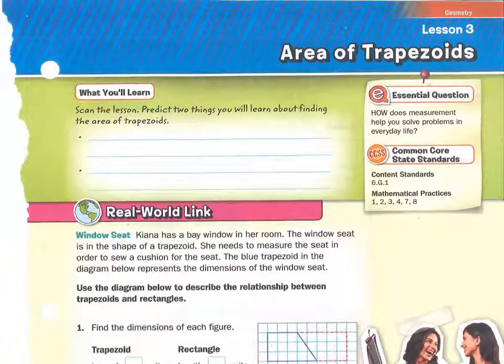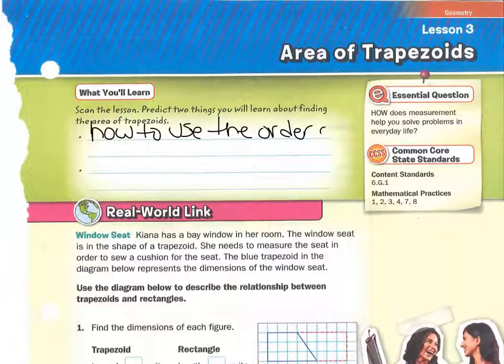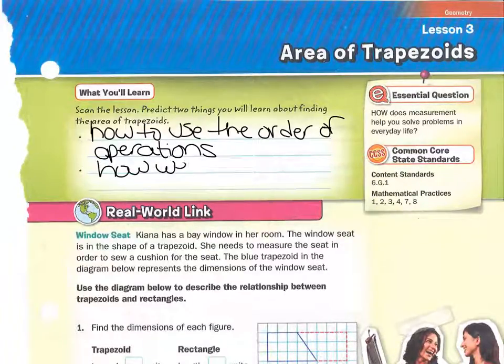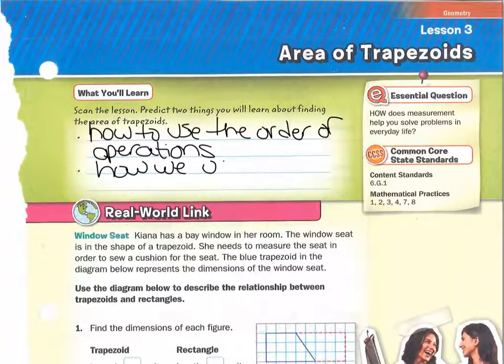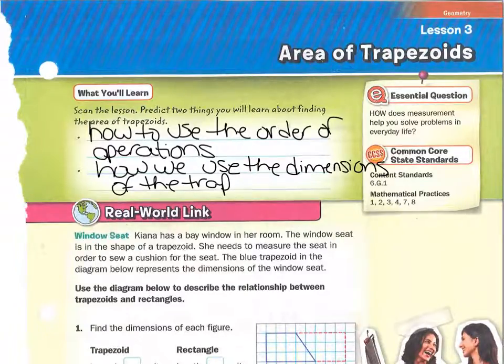You're going to see how to use the order of operations, and how to use the dimensions of the trapezoid to find the area. Those are the things we're going to learn about.